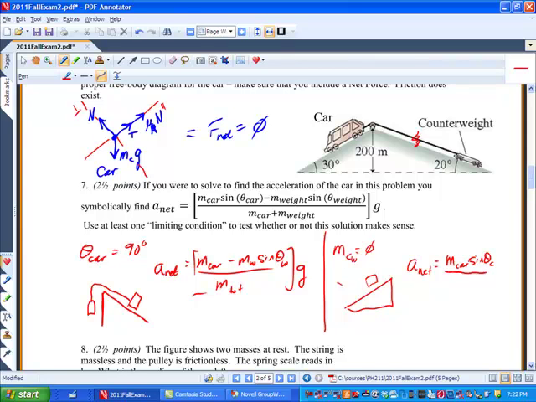All the rest is going to go away, except for the g, and that's going to give us that A net equals g sine theta. And have we seen that one before? Yeah, way back many chapters ago, whenever anything was sliding down a plane, the acceleration was g sine theta. So that would be at least one test that gave us a nice, quick solution.